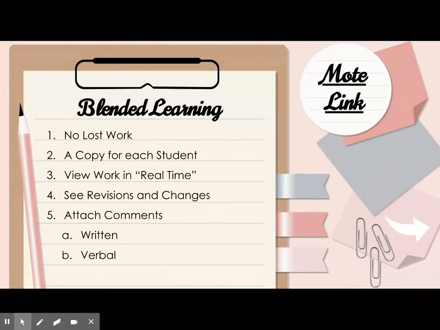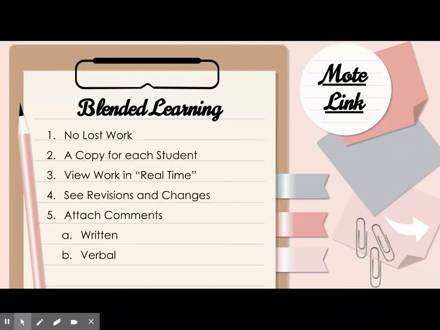So inside Google Classroom, if you give a copy to each student, you can look at their documents as they are typing on them. And so you can flip through multiple documents. They are stored also in your Google Drive in a folder called Classroom.